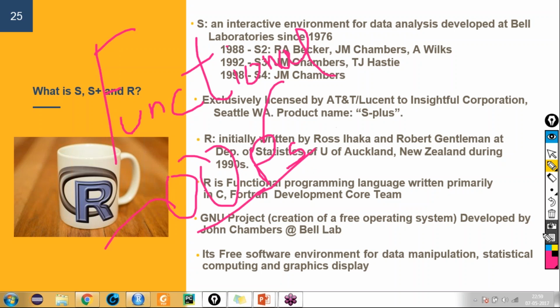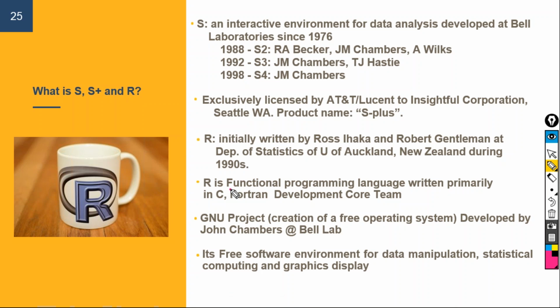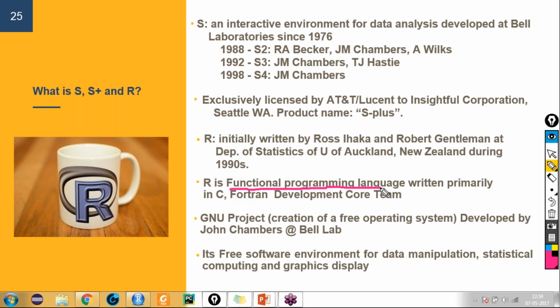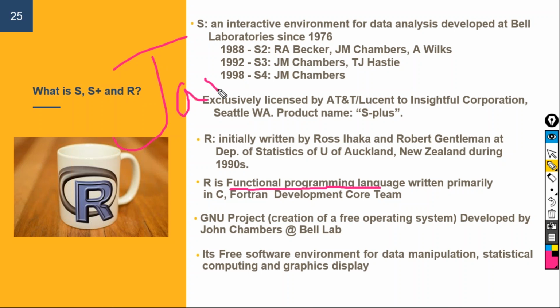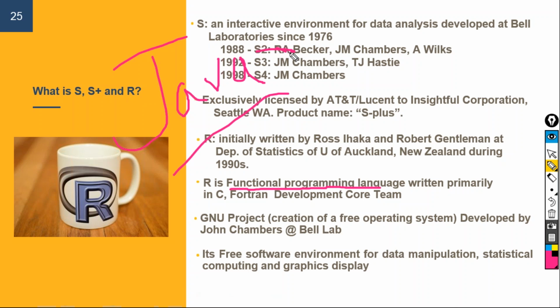But if we talk about R, it's a functional programming language. It's not OOPS. If we talk about OOPS, Java is one of them, which is very well known, a very good language, and very secure, and you can use it on any platform, a very helpful thing. But again, it is based on OOPS.